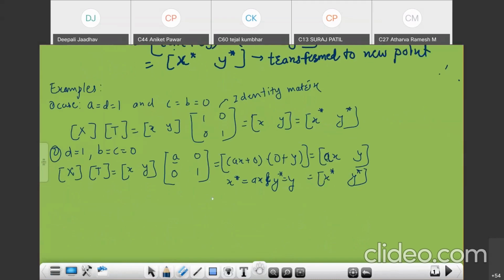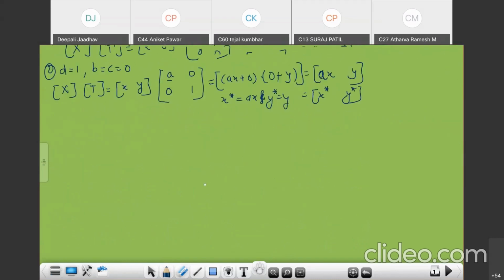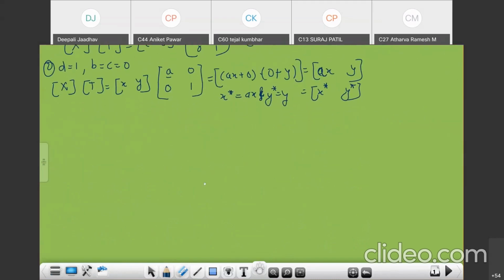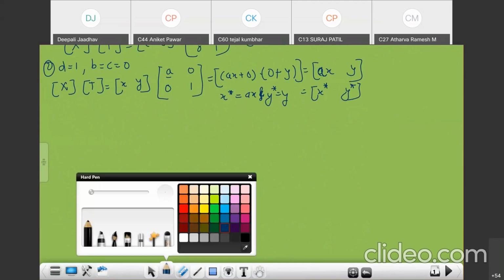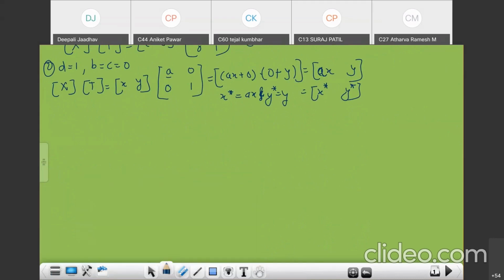So now we'll see it with a diagram and an example. Consider x t, where x is equal to 1 1 and t is 2 0 0 1.